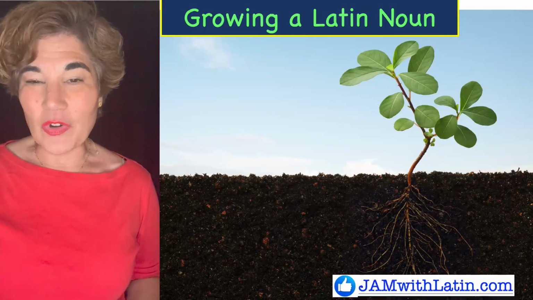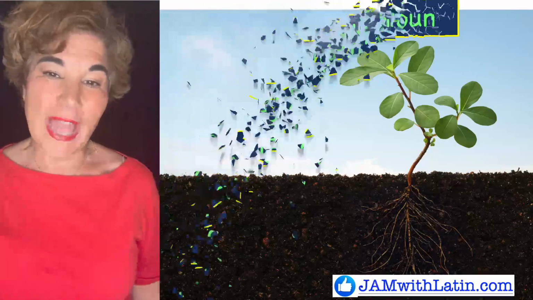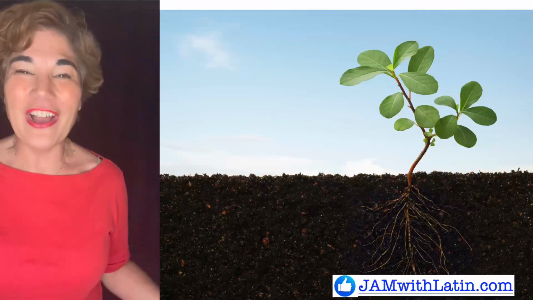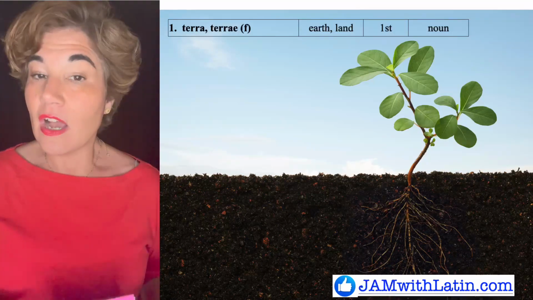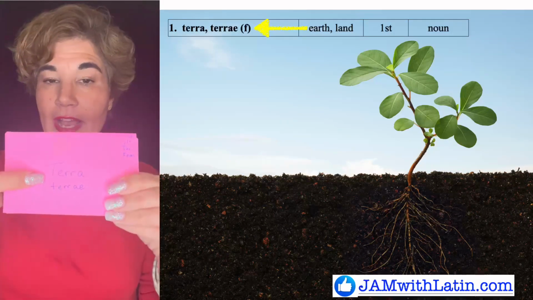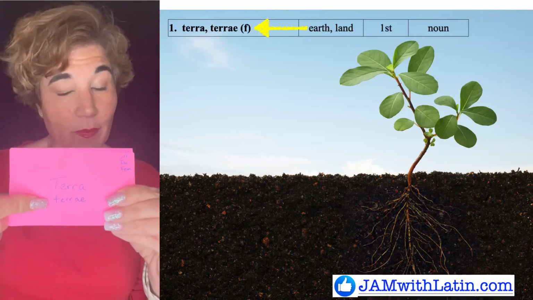Finally, today I am going to build our nouns. We're going to take our stem and we're going to take our endings and we're going to create a complete plant form. So we are talking about first declension feminine nouns, so they're on pink cards. On our dictionary page, they will have nominative subject spelling and genitive possessive spelling.